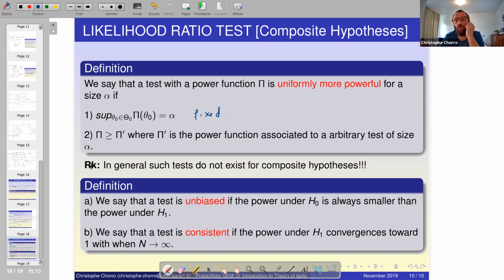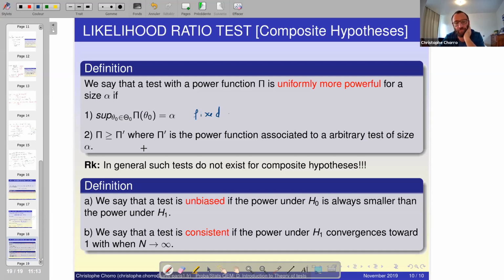So here you will have a way to find one, using the likelihood ratio statistic, but in general, for a fixed level, it won't be possible to prove that it is better than all the other tests, in a sense that is really strong, because I want my power to be always greater than the power of all the other tests. And in general, it's not possible to have this. I may have a power that is greater for a particular region of the set of parameters, but not always.